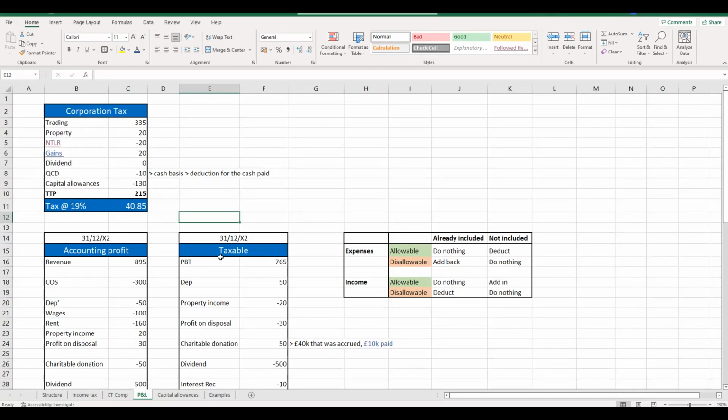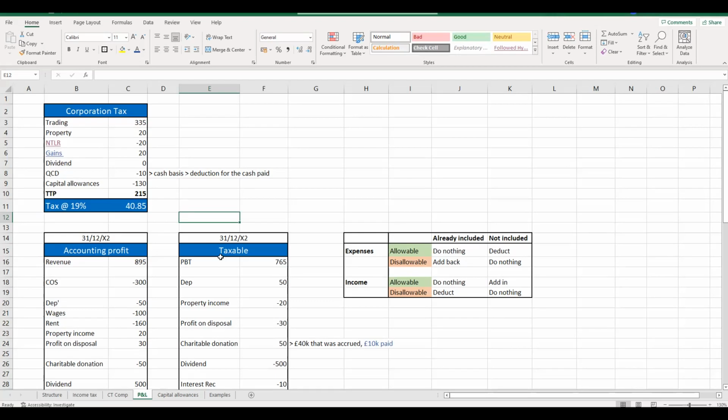What is actually going to drive everything for corporation tax is two things, really. Firstly, and probably the biggest and most important thing, is the size of that company. And that's going to be, and we'll move on to this in a second, dictated by the profit levels of the company. And then secondly, the actual financial year end of that company. So where a company decides its year end, that year end then drives all of the payment dates that we'll see for corporation tax.